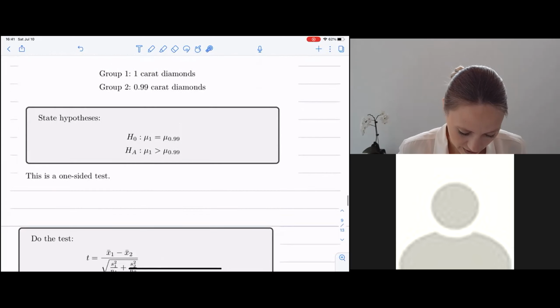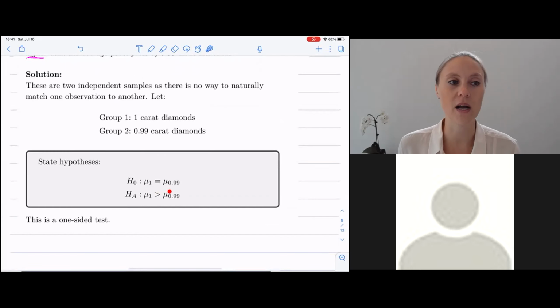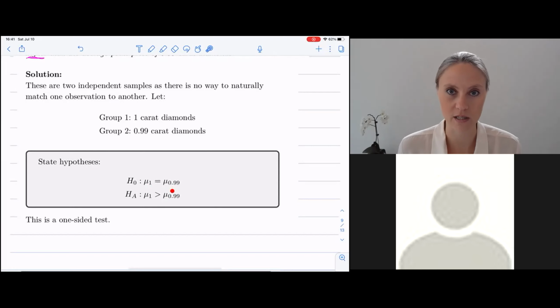So, in terms of my hypotheses, now remember for the hypotheses for 2 independent samples, I do want to see question specific subscripts, even if it's something like mu1 equals mu of 0.99, right? That's fine. That is what it is.